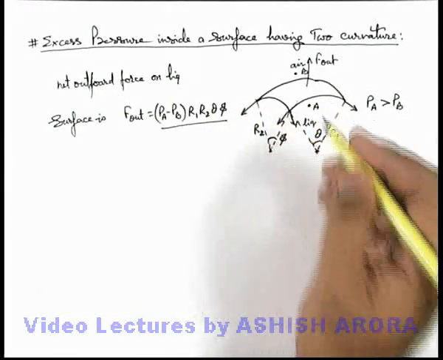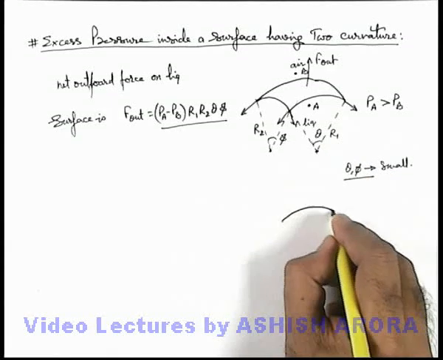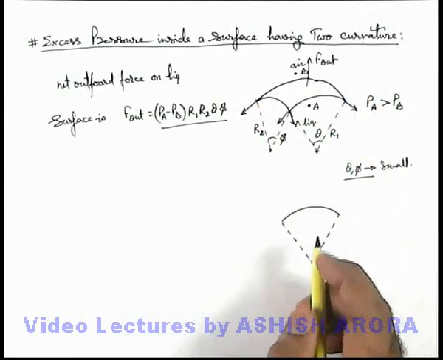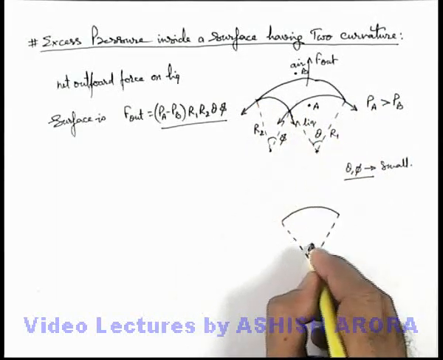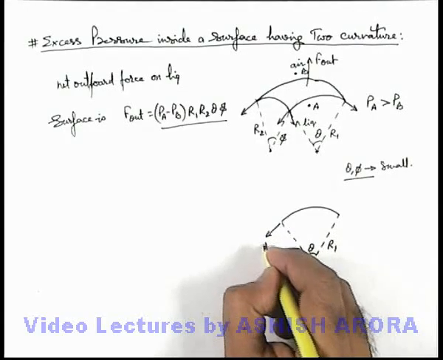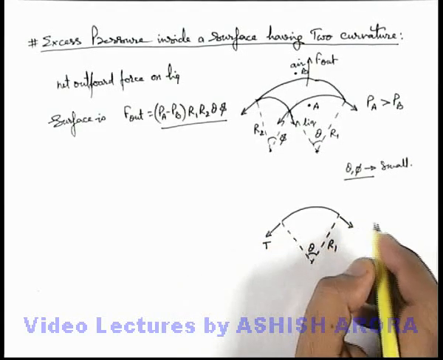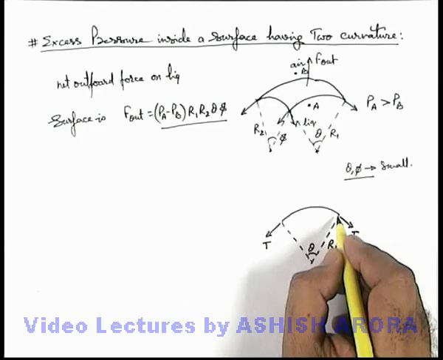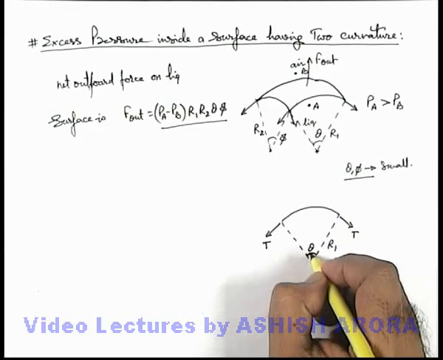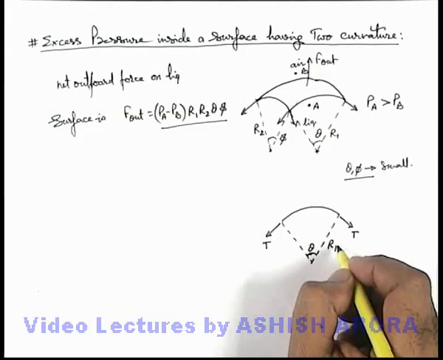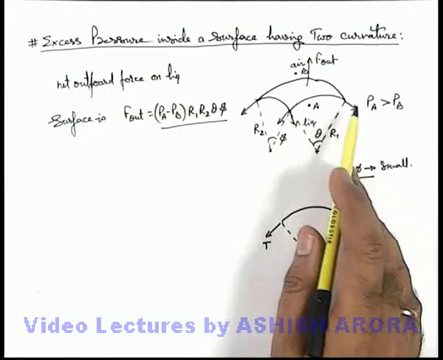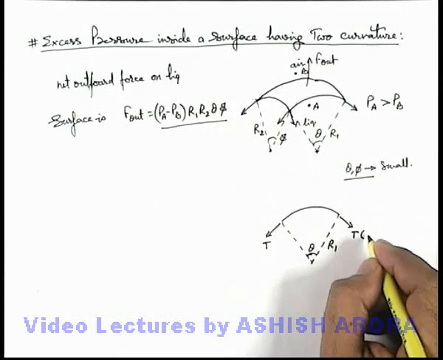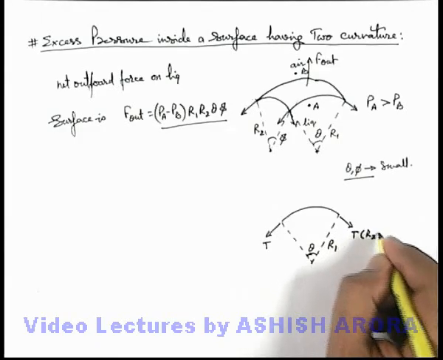If we draw it independently, for the side of theta the situation is this. If we draw the sectional view of this side where the surface subtends an angle theta, this radius is r1. The force of surface tension on this can be written as T multiplied by the length of the other side, which is r2 phi.